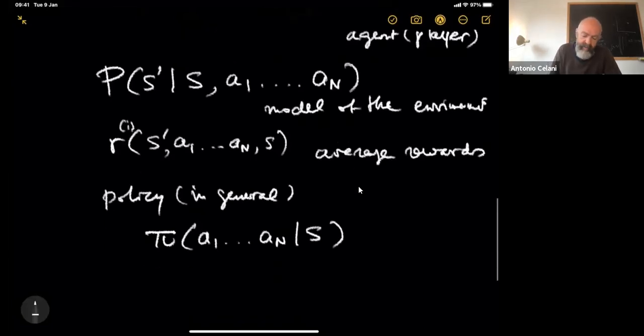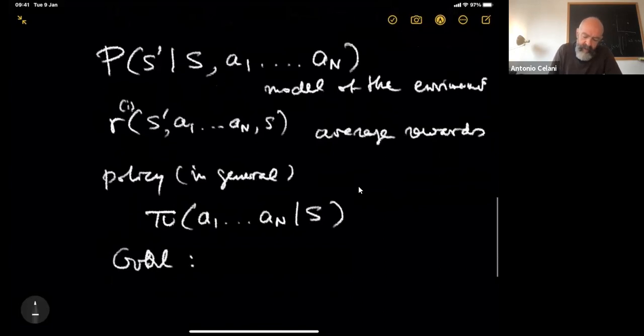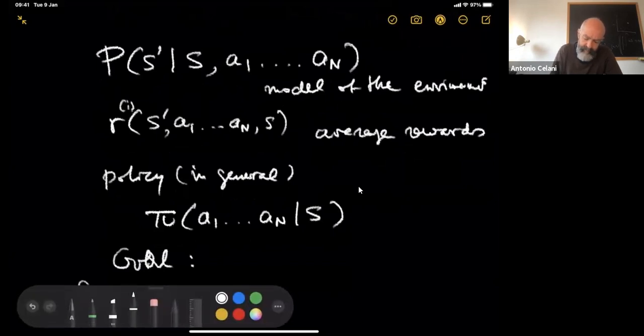And the goal is to find, so yeah, here I have to specify, of course. Sorry, this is not correct, what I just said.